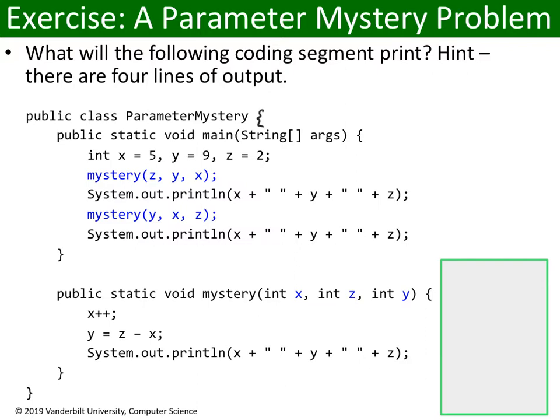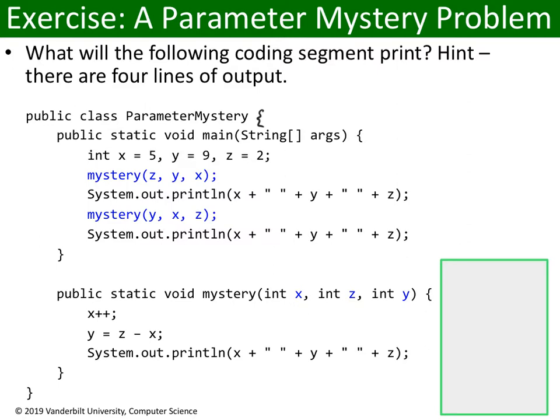Execution always starts with the first statement in the main. So the very first statement declares variables x, y, and z of type integer. Variable x takes on the value 5, y takes on the value 9, z takes on the value 2.